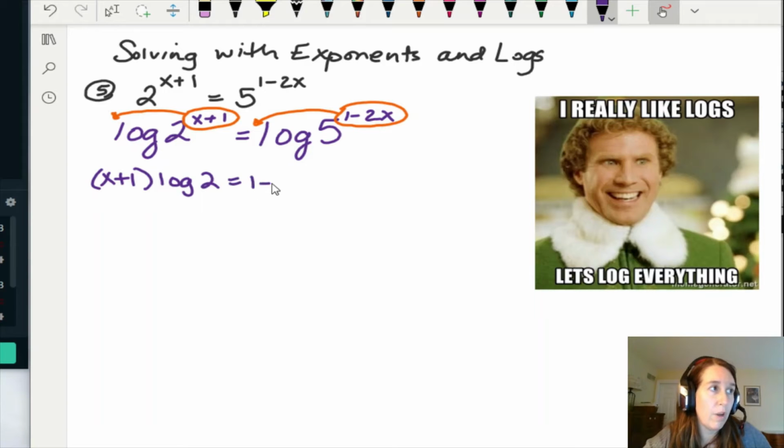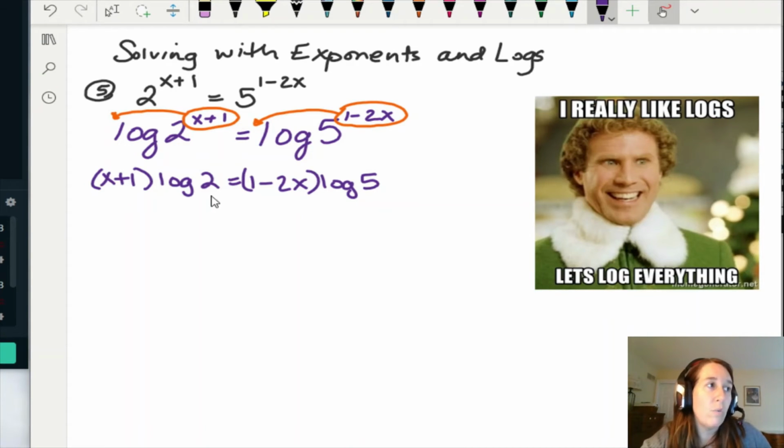And then it's 1 minus 2x in parentheses times log of 5. Well, now log of 2 is a number that I can type in my calculator. And the x plus 1 is not up in an exponent, it's not in a fraction, it's pretty good. Same on this side, log of 5 is a number, and 1 minus 2x is just multiplied by it, so it doesn't seem quite as bad now.